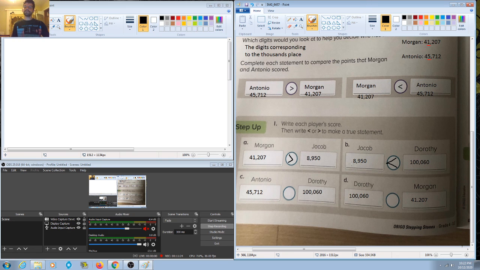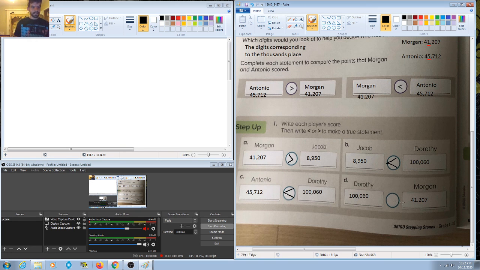Okay, so that's one of the big differences between this section and last section. Antonio's score was a 5-digit number, so its highest place value will be the 10,000th place, but Dorothy's score again has a highest place value of 100,000s, so her score will automatically be greater than Antonio's score.